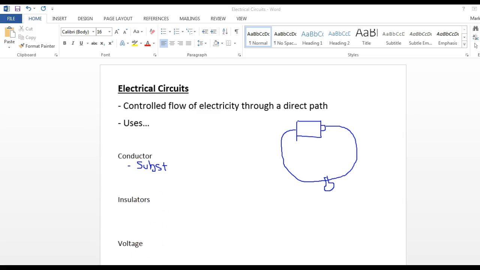Sorry about that, I'm going to change that. So promotes electron flow.